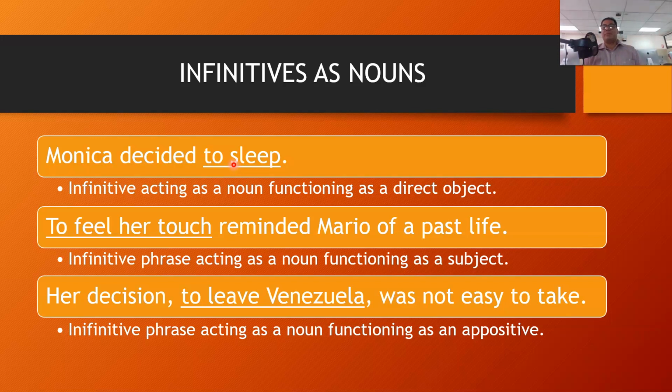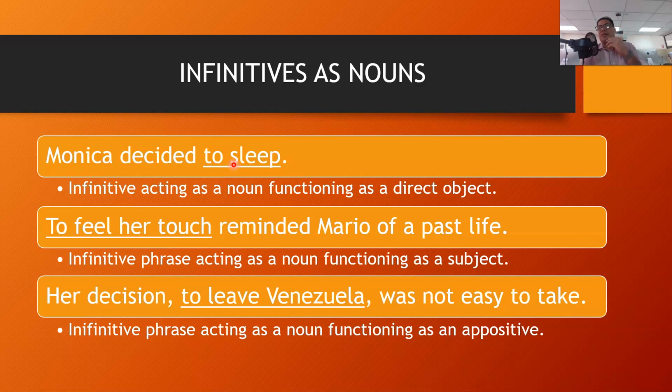Check the next example. To feel her touch reminded Mario of a past life. Now, that is an infinitive phrase that is acting as a noun again. How do I know that it's acting as a noun? Because it's performing the role of a subject. If it is performing the role of a subject, by force it has to be assuming the role of a noun.